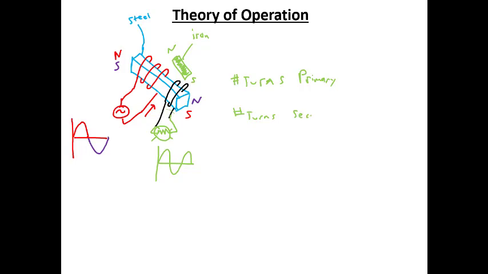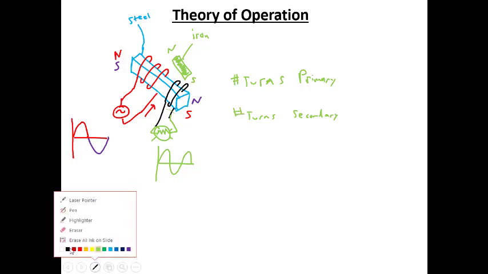in the secondary. So one of the things that we're going to talk about today is that the part of the transformer that gets supplied voltage, that's the primary, and the part of the transformer that induces the current and is connected to the load, that's the secondary.